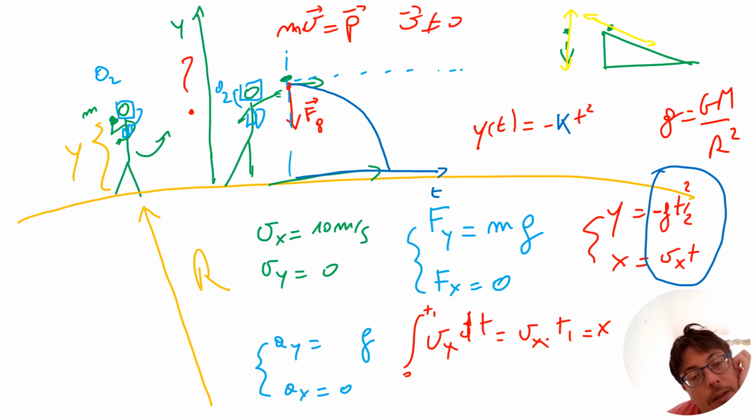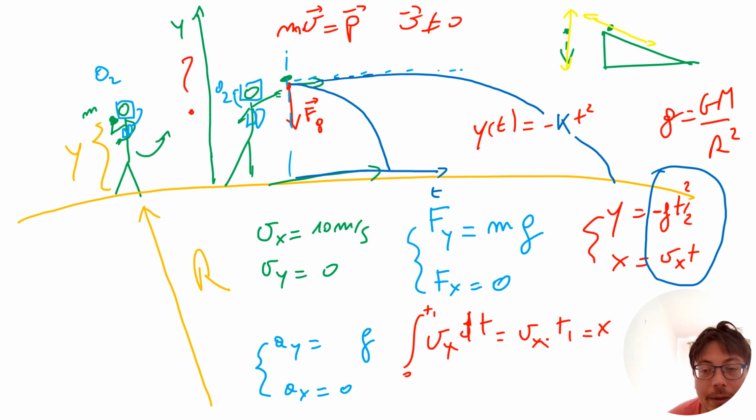Okay, so it's a parabola, and maybe this is not to scale. Maybe 10 meters per second would be a much bigger parabola. I don't know how many meters, but we can find how many meters, right? Because we know y is one meter and a half, suppose.